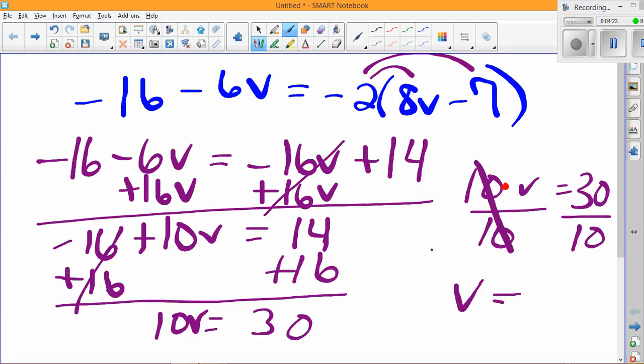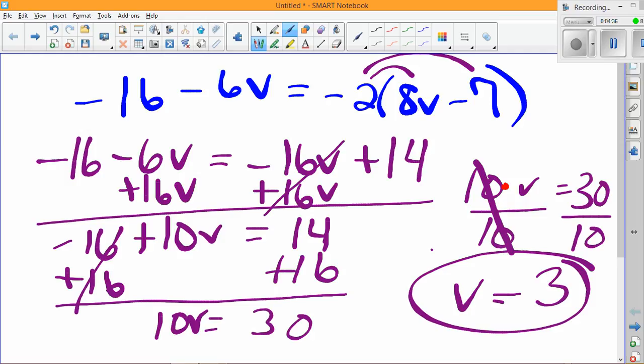And 10 divided by 10 is 1. And when you multiply something times 1, it doesn't change its value. So we can get rid of that altogether. We get v equals 30 divided by 10, which is 3. So in this case, the solution set is 3. And no other values, just the 1.